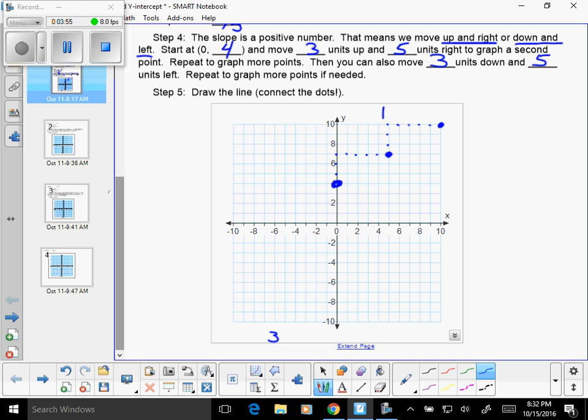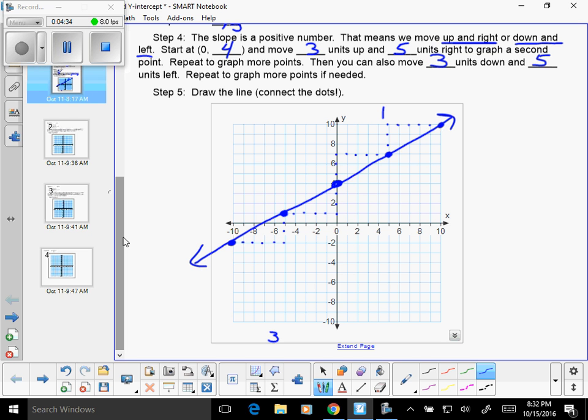Then I go back to that 0, 4, and I go 1, 2, 3 down, and 1, 2, 3, 4, 5 to my left. I go 1, 2, 3 down, 1, 2, 3, 4, 5 to my left. Now I connect the dots. I have drawn my line by using slope and y-intercept.